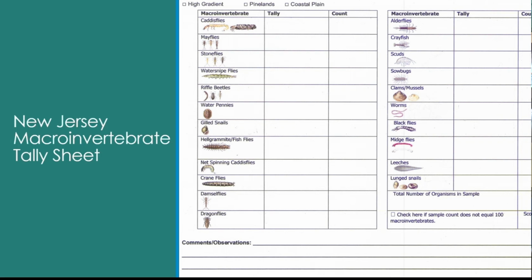This is just the organisms that we're targeting for this particular project. So it could be that you find other bugs, and unfortunately, they just wouldn't count in this method. But again, you could record that on the data sheet and just let us know other things that you're finding if you do find other taxa.